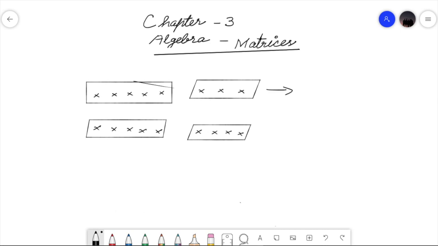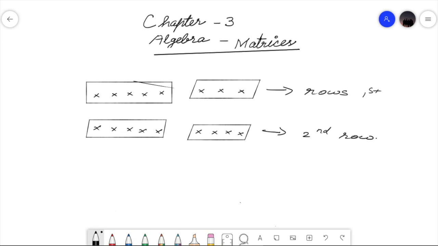This will be read as rows. That is first row, and this one will be considered as second row. So when you are arranged bench-wise, then we say it is rows.